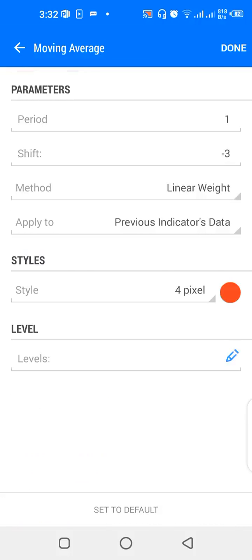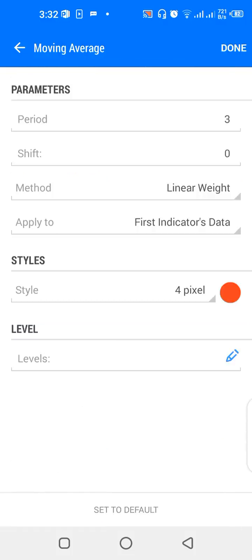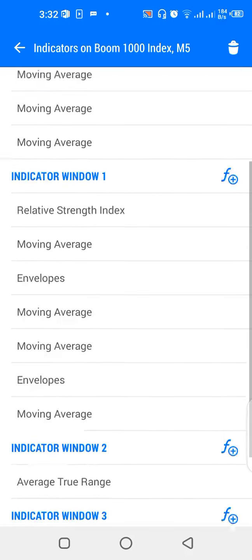Then you have moving average, period is 1, shift is -3, method is linear weight, apply to previous indicator's data, and color is red. Then you also have another moving average, the period is 3, shift is 0, method is linear weight, apply to first indicator's data, color is red.